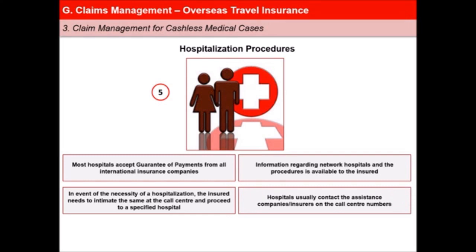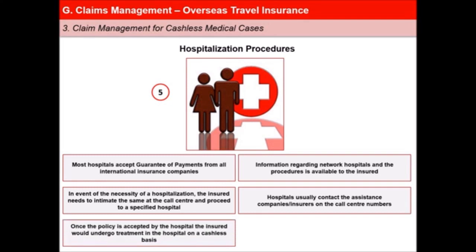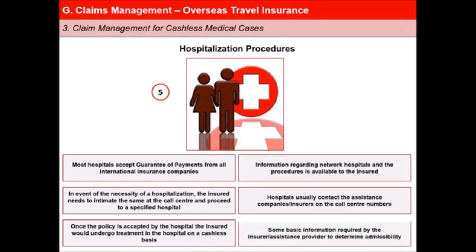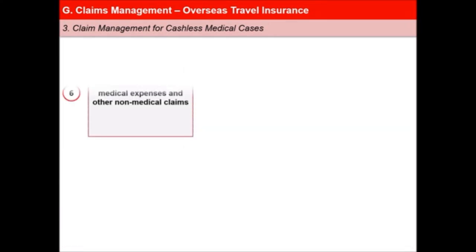Hospitals usually contact the assistance companies or insurers on the call center numbers to check the validity of the policy and verify coverages. Once the policy is accepted by the hospital, the insured would undergo treatment in the hospital on a cashless basis.